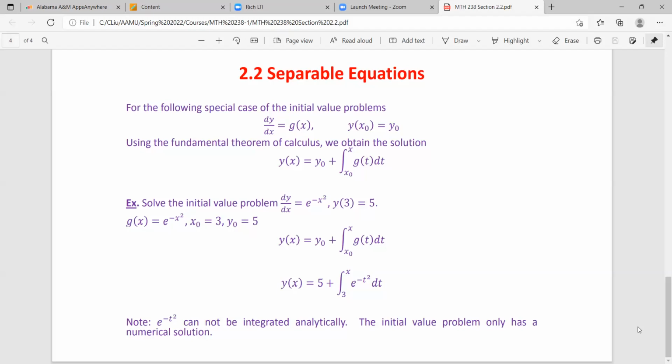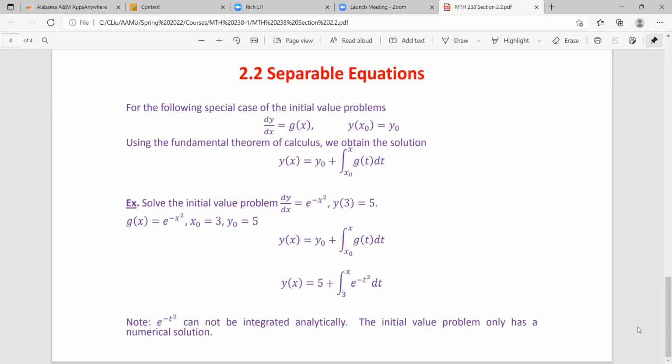Okay, when you try to integrate e to the negative t squared from 3 to x, then you have to do the integration numerically. So what you do is pick values of x, and then for each specified value of x, you do the numerical integration of e to the negative t squared from 3 to x.